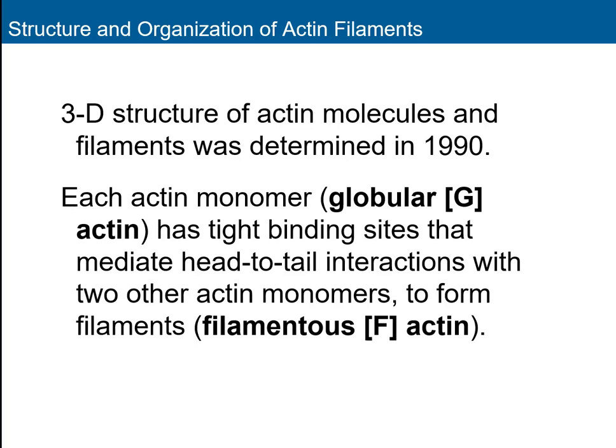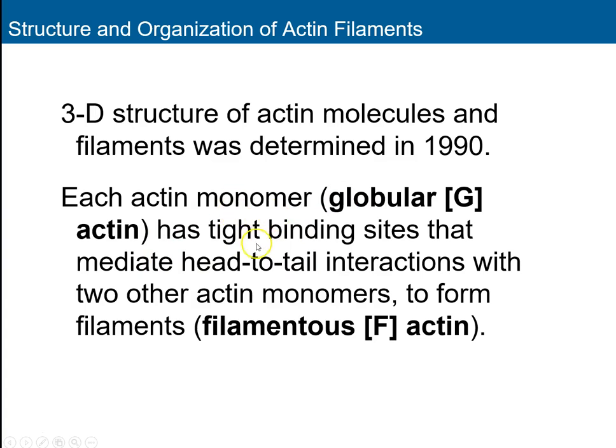Okay, now this is talking about what happens when these actin monomers join together to form these filaments, and then form some of these other structures we're going to talk about. This was only determined in about 1990 in terms of how this actually happens. So again, actin monomer, you can call it globular actin. That's not really a term you need to pay too much attention to.